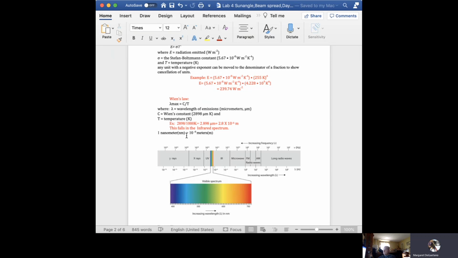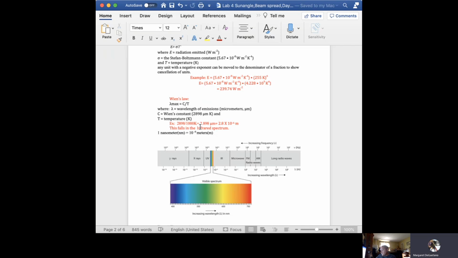You're basically taking the constant, 2898 micrometers times Kelvin, divided by the temperature. So you have to make sure you convert all your temperatures to Kelvin, whatever they give you, before you use this formula.